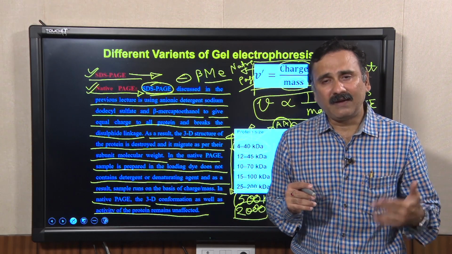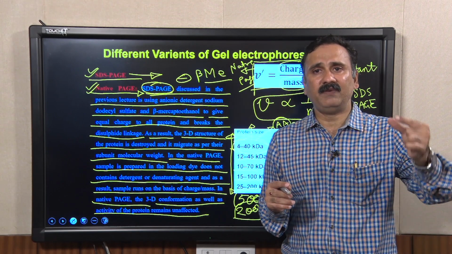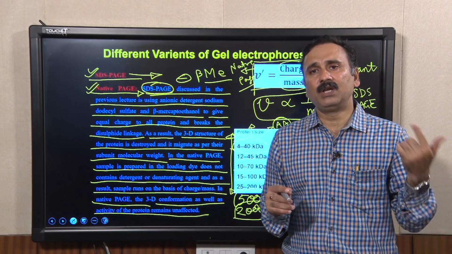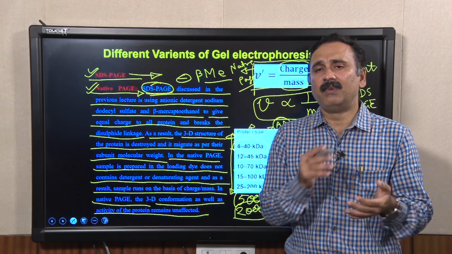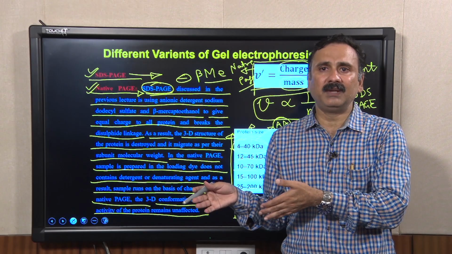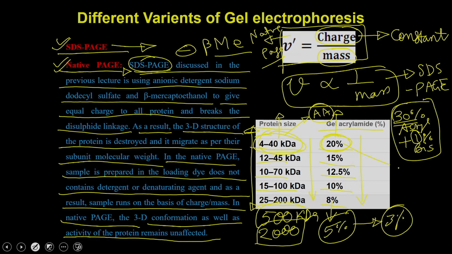So, if you have proteins of a very small size, you can still run the 20% gel, but you can increase the percentage of bisacrylamide, and these kinds of gels are called highly cross-linked gels.